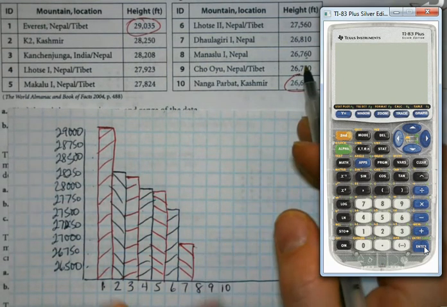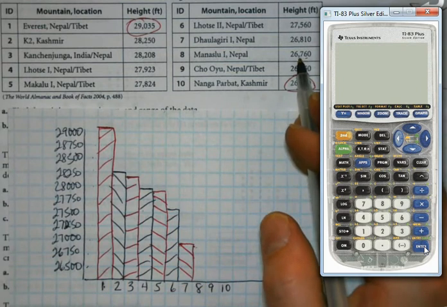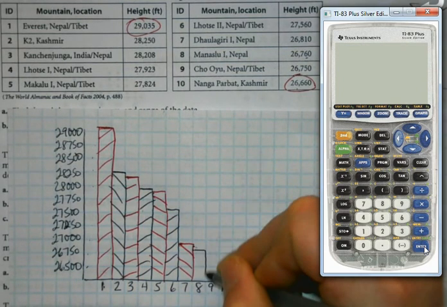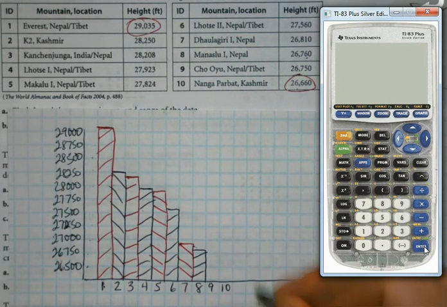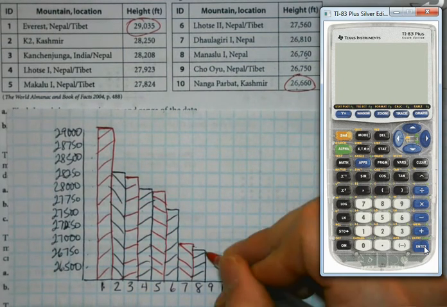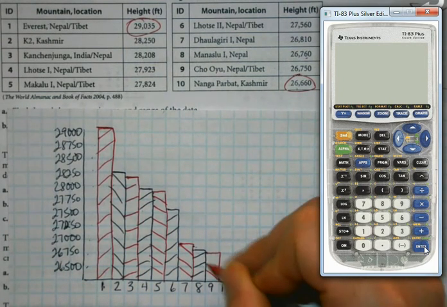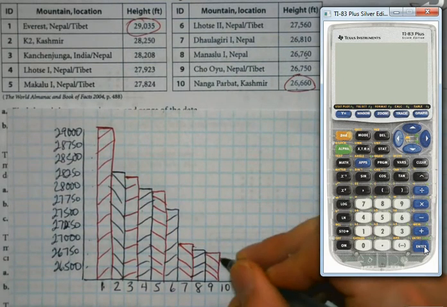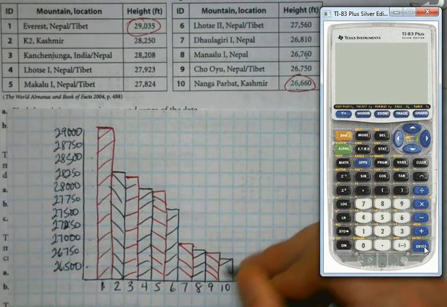Let's see here. Which one am I on? Number 8. 26,760. Barely above. 26,750 is right on the line. And 26,660. Barely up again from that.